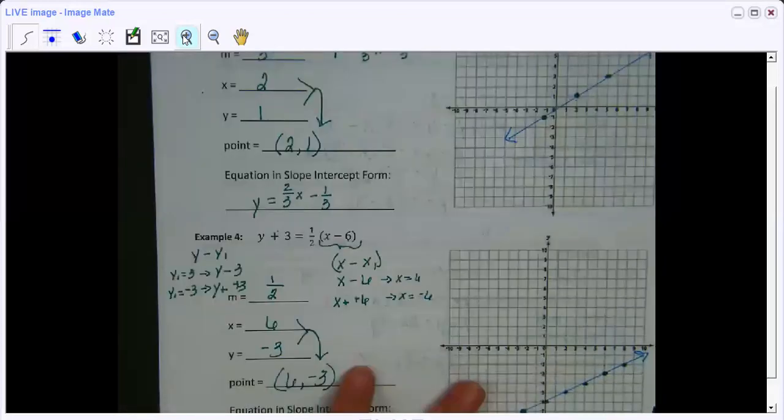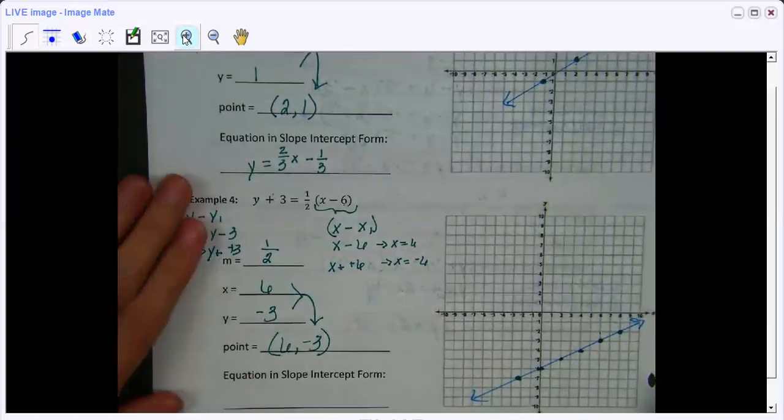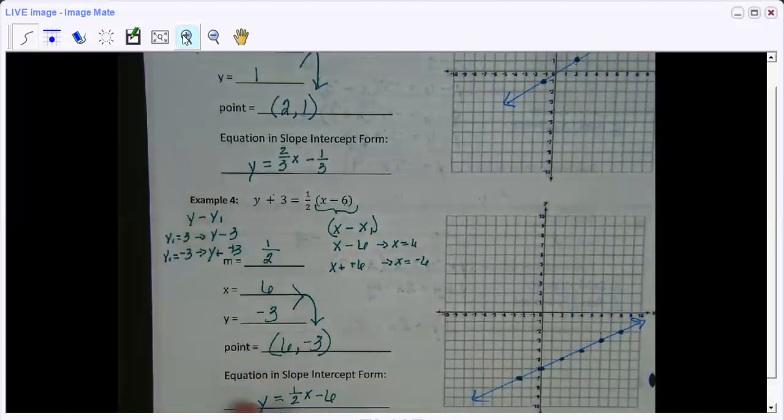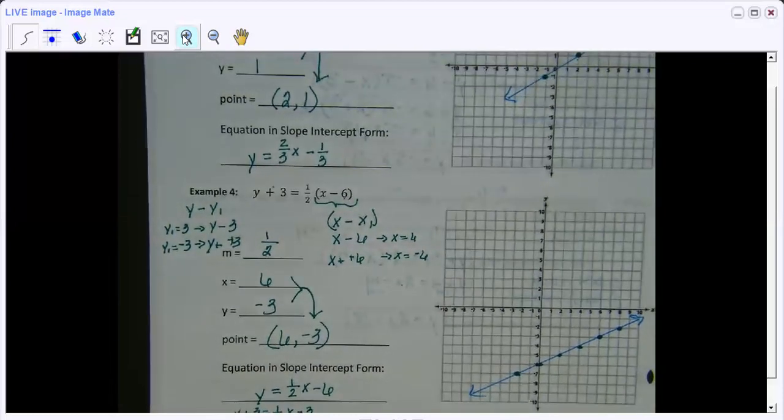Your graph should look like when you're done. And then go ahead and turn that into slope intercept form. And this is what you should have gotten right here. Y equals 1/2 x minus 6.